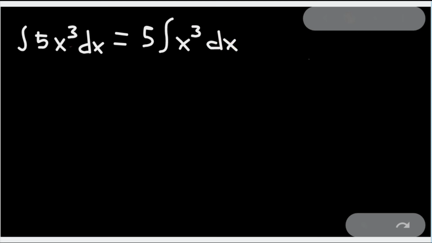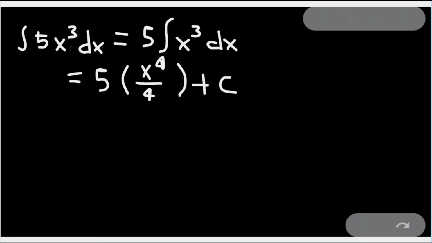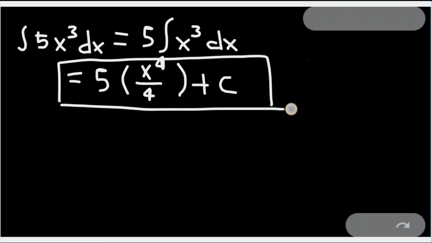The value of our n here is 3. So we have 5 times x raised to 3 plus 1 is 4, over 4, plus c. So this is our answer.